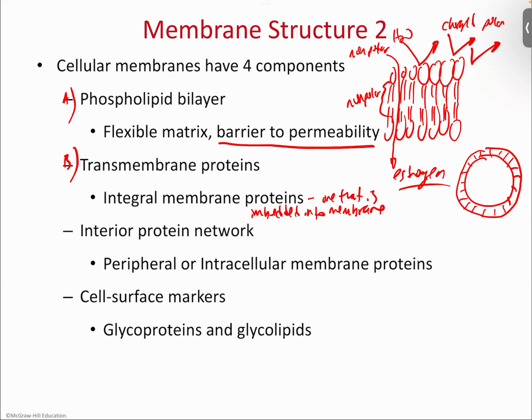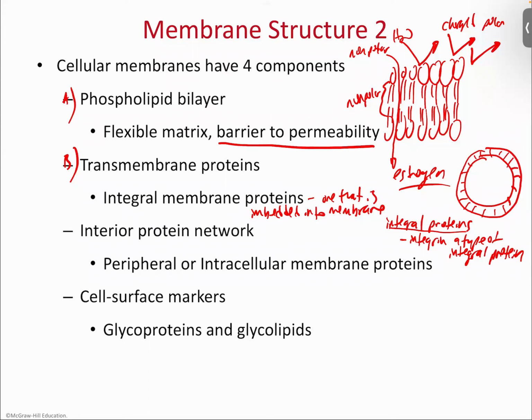It's just one type, okay? So you have multiple different types of integral proteins.